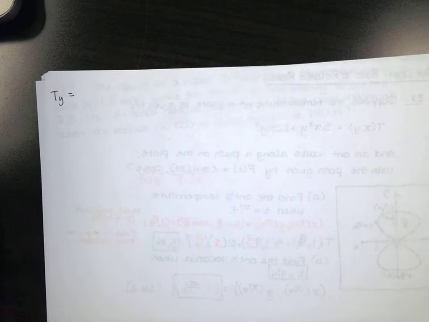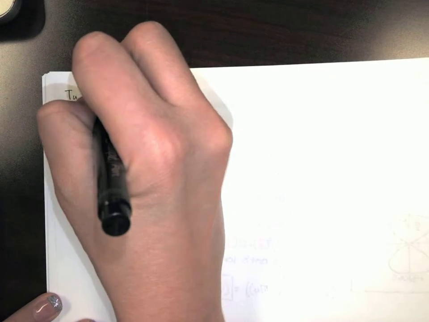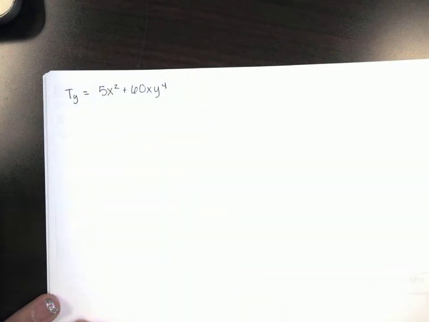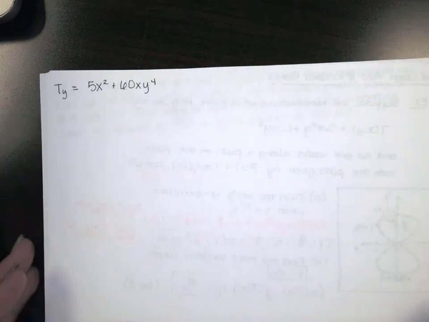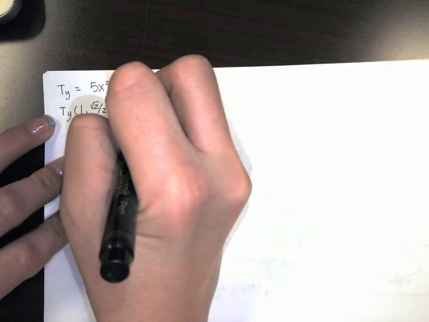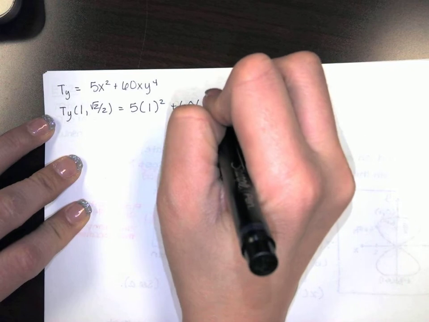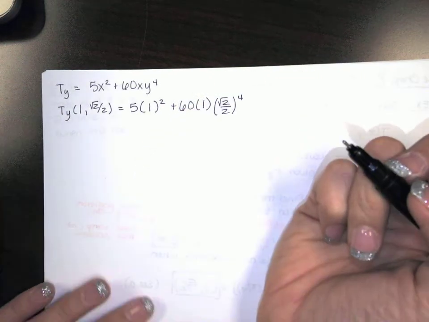So my partial of t with respect to y was 5x squared plus 60x y to the fourth. Make sure, yep. And then I want to evaluate that at the location 1, square root of 2 over 2. So I'm replacing x with 1. I'm replacing y with root 2 over 2. And we're raising that to the fourth power.